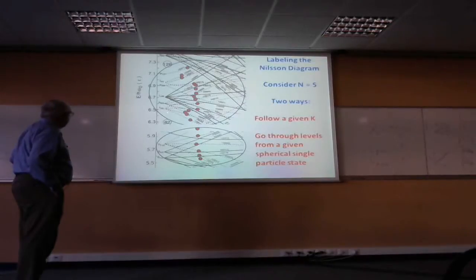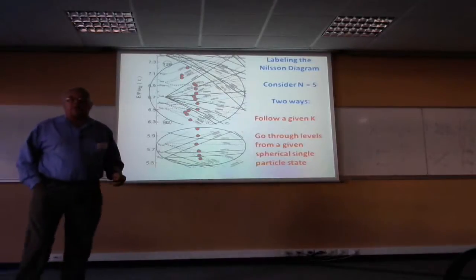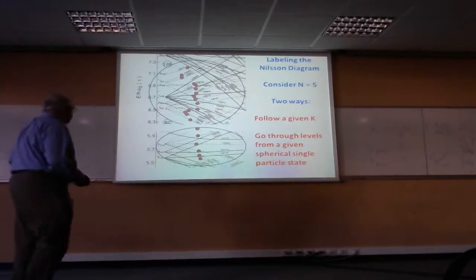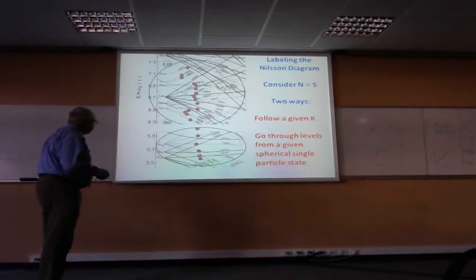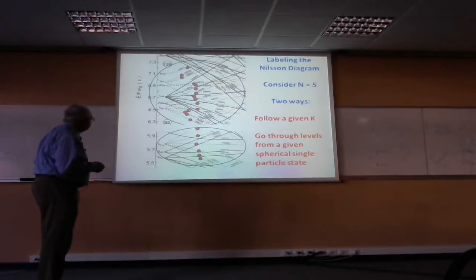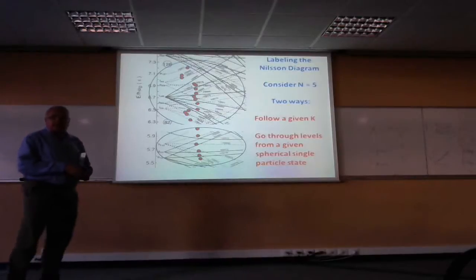So if we want to assign all the quantum numbers to the n equals 5 orbits, we need to include this. Okay, so there are two ways of doing this. I'll do both of them. These dots just simply help you see the orbits. The fact that they're moving around in deformation means absolutely nothing. It just means I didn't have room to put them over here.